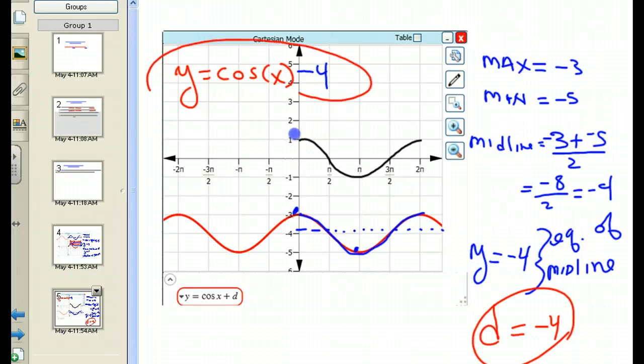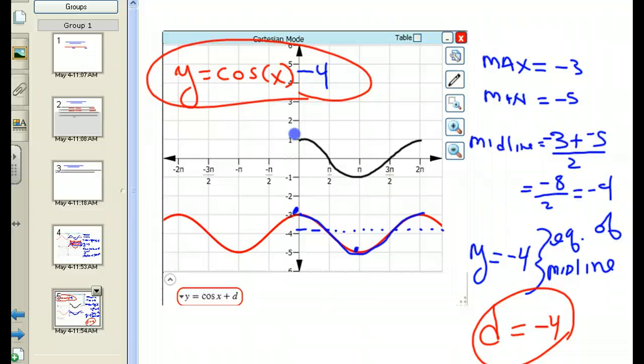So once again, just to summarize, in order to find the equation of the curve, if it has been shifted, we simply can find that out by finding the equation of the midline, and that will give us the value of d. And then we have to decide if it's a sine or cosine curve. Remember, in this case, since the graph at x equals 0 starts 1 above the midline, that means it is a cosine curve.